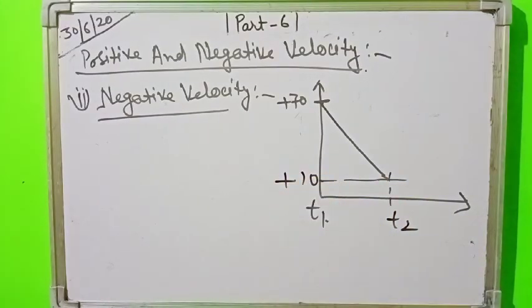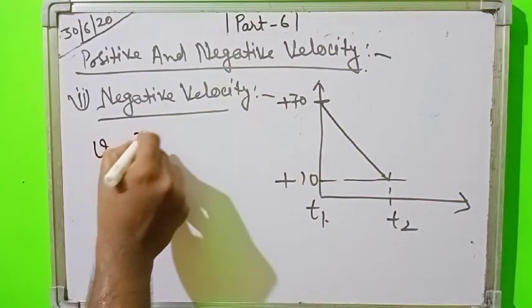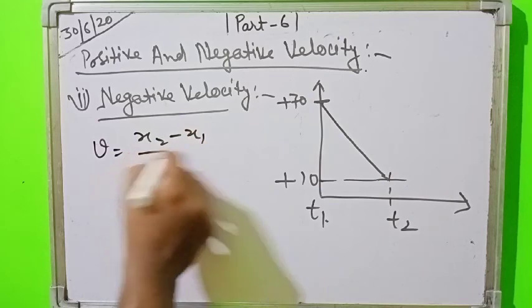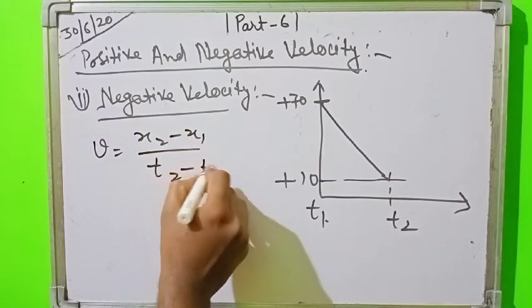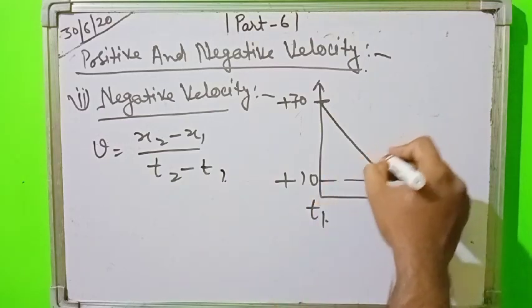So x2 is less than x1. The velocity is equal to x2 minus x1 upon t2 minus t1. This is the slope.